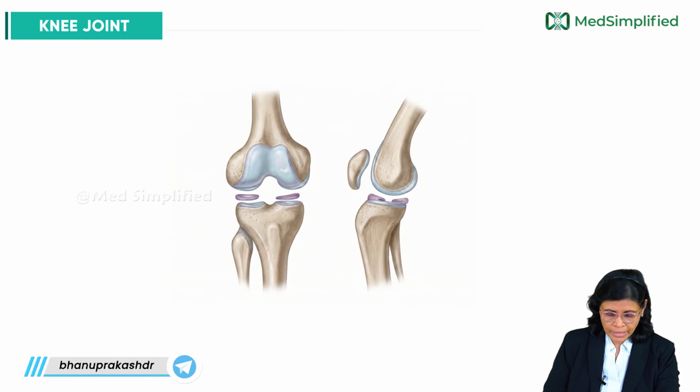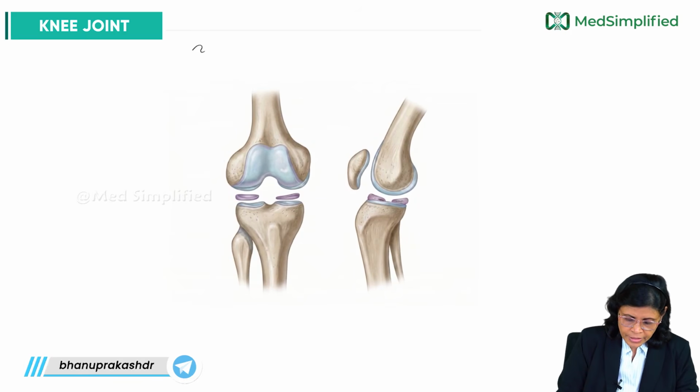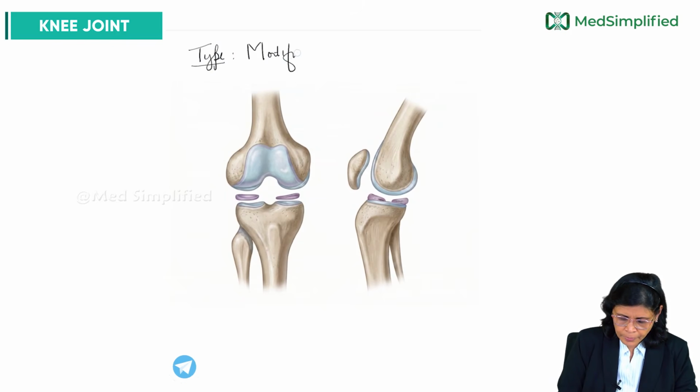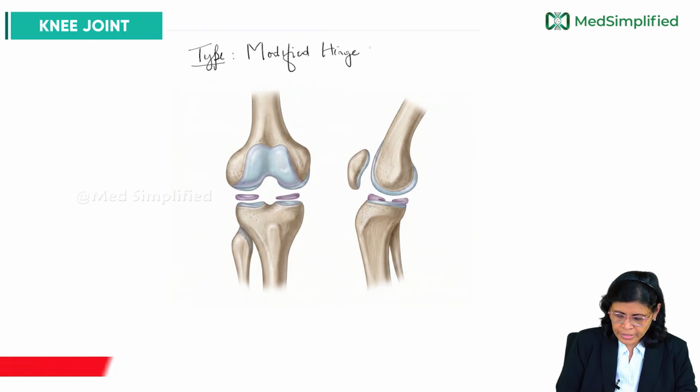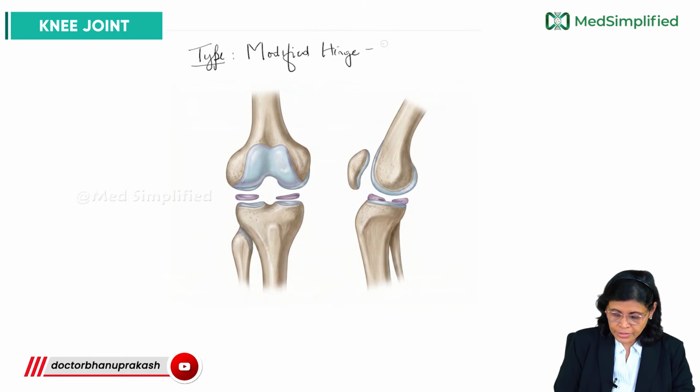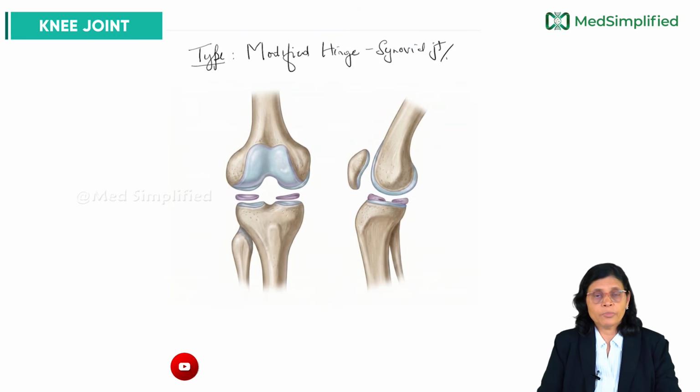When we come to the type of joint, the knee joint is a modified hinge variety of synovial joint. Why do we say modified hinge?